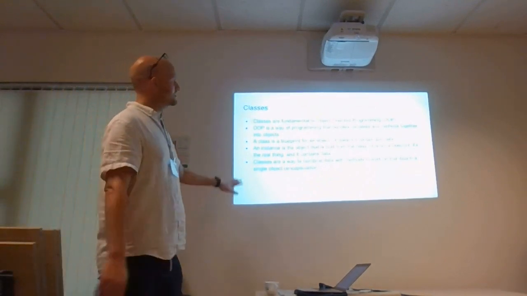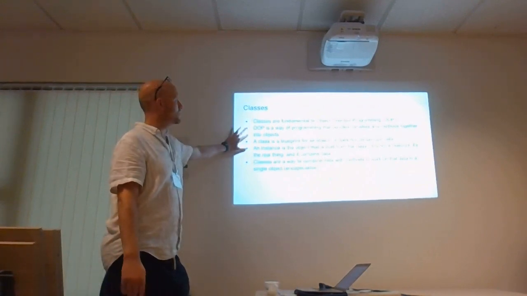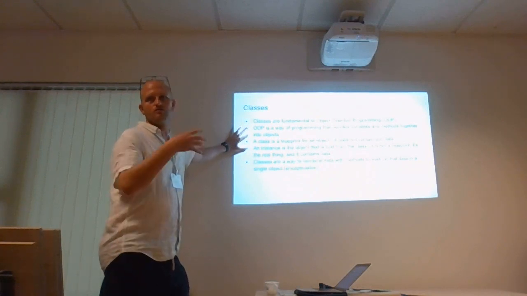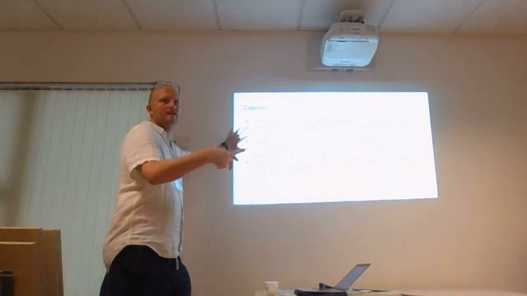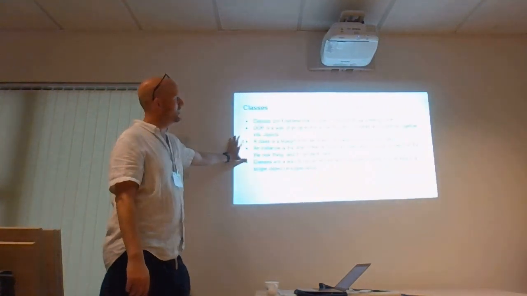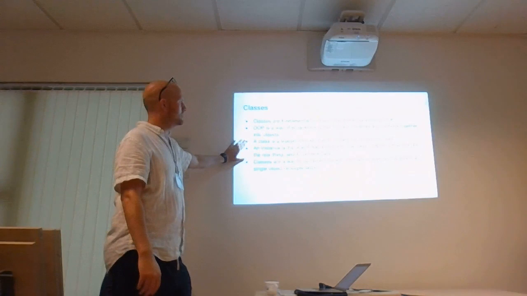And basically, the fundamental idea is that it bundles variables and methods together into objects. So you combine methods and variables for a particular type of object into a single class of objects. So, and that's a blueprint. The class definition is just a blueprint for the object.